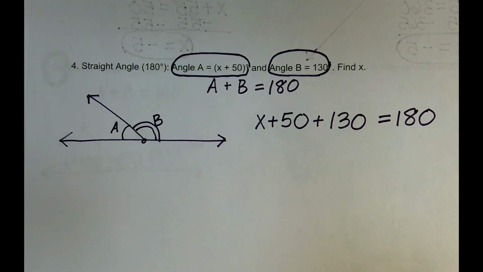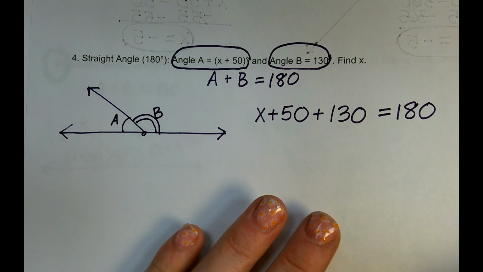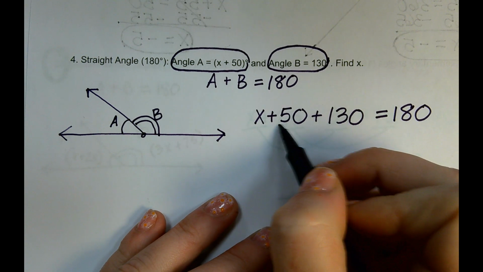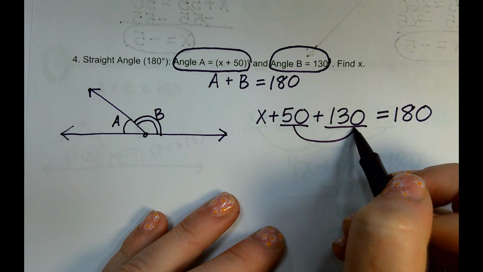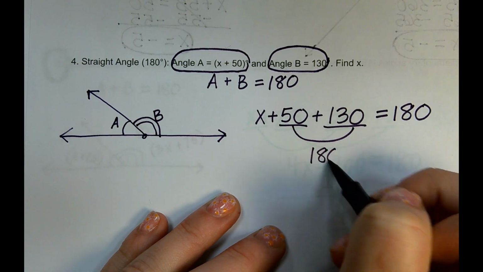So what should I do here? Combine your like terms. Yes, we're going to combine our like terms first. I have 50 and 130, that's 180.